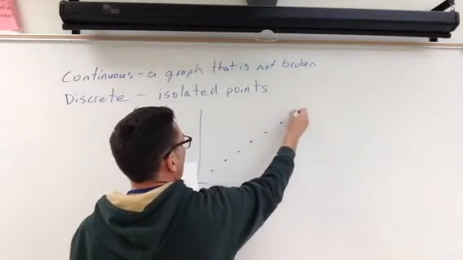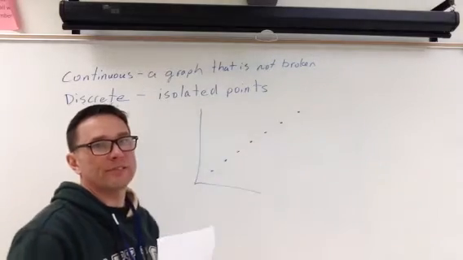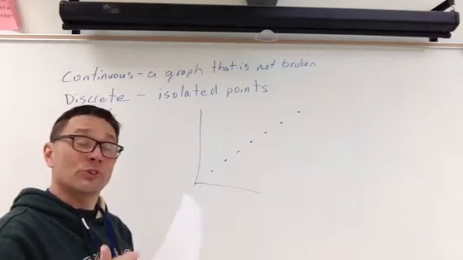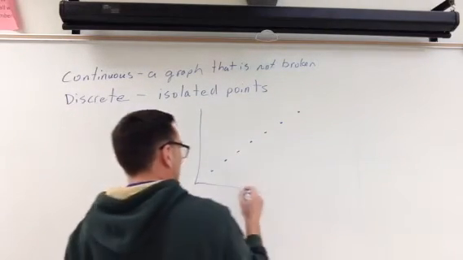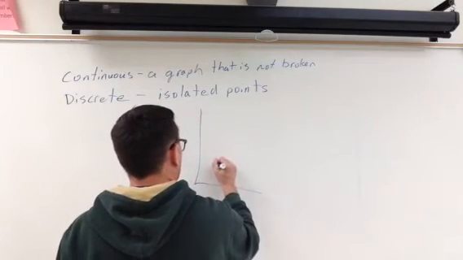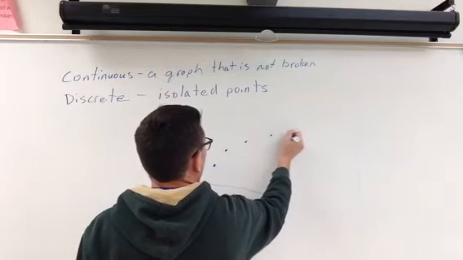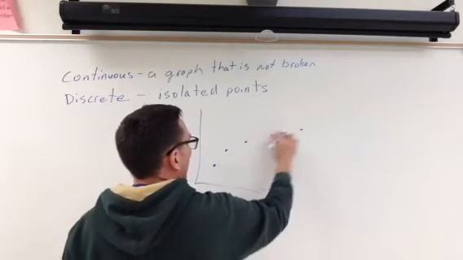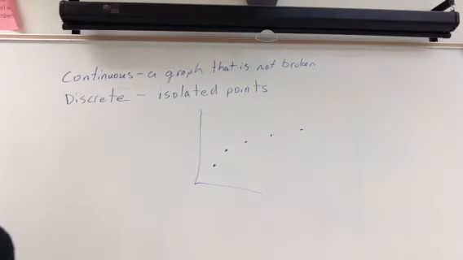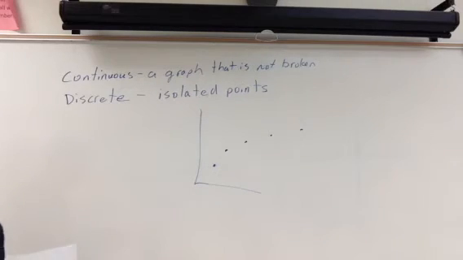Notice how I'm taking my marker off the page all the time. Individual points, just like that. We saw some discrete functions earlier in our textbook that might look like this. Point there, point there, point there. And it looks like it's making a curve, but it was not connected with a curve. So a discrete function is isolated points.